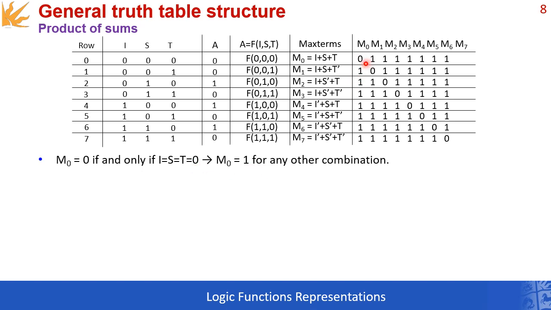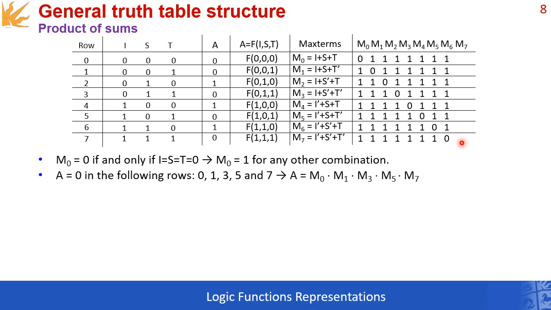For everything else, it will be 1. Which, if applied to all of the rows, will give you a diagonal of zeros, and everything else equal to 1. It's the exact opposite logic of what we used for the minterms.